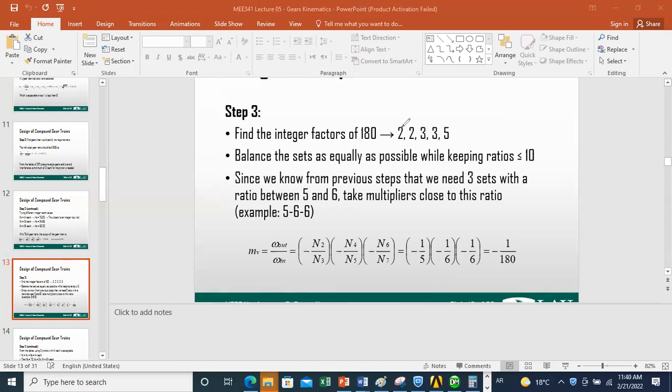So if you look here, if I combine 2 with 3 I get 6. If I combine 2 with 3 again I get 6, so I have 5. So the best option for 3 sets is 6 for one set, a gear ratio of 6 for a second set, and a gear ratio of 5 for a third set. We could choose something else, but it would not be as close as this. For example, if I take 2 with 5 I get 10, and then 2 with 3 gives 6 and 3.